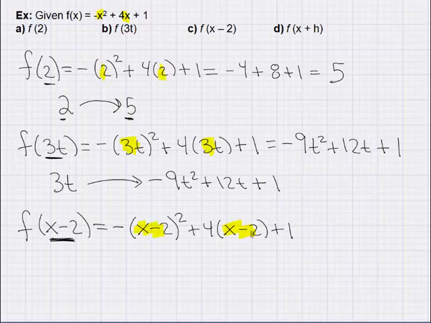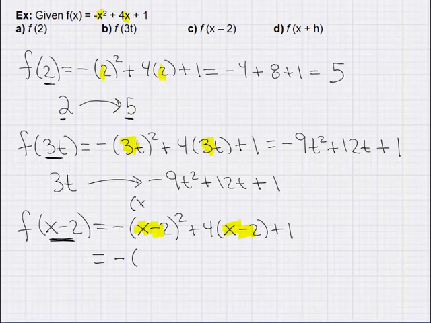So now what do I have to do? Well, that's essentially the answer, but I should simplify it. I should multiply this out, collect like terms. So if I do that, what I have is negative x minus 2 squared. That is not x squared and then 2 squared. When you do x minus 2, you got to do x minus 2 times x minus 2.